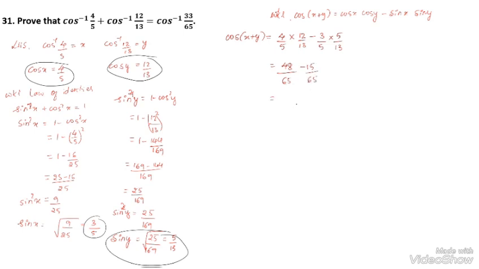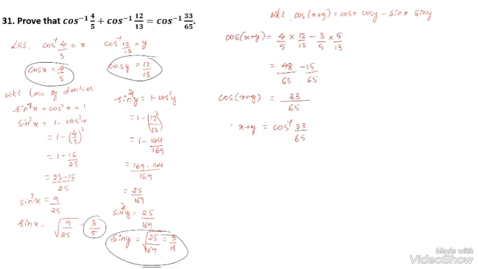Denominators are equal, so I can simply subtract 48 minus 15, it becomes 33. On the left hand side we have cos of x plus y. Taking cos inverse on the right side, x plus y is equal to cos inverse of 33 divided by 65.